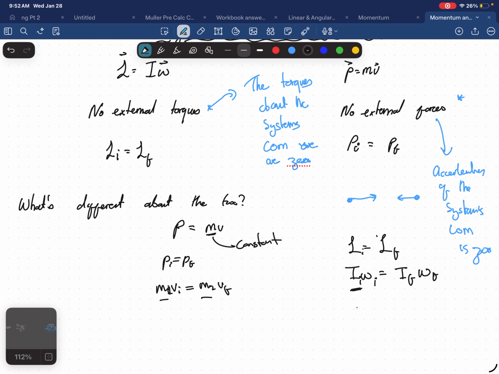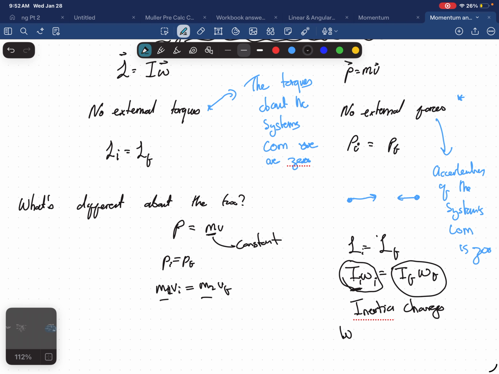So inertia can change. If inertia changes, how do we keep the conservation of angular momentum theorem? Because this equation should equal that equation.